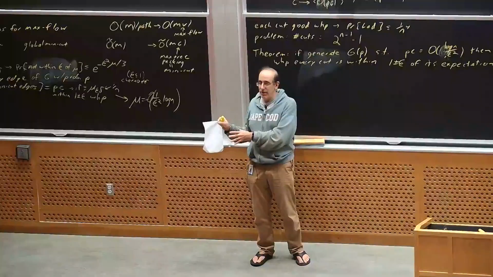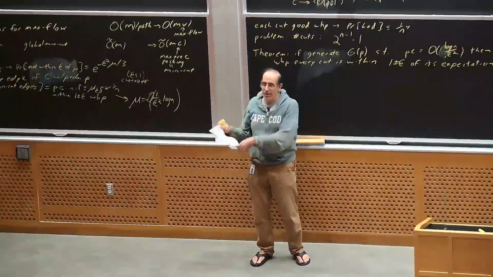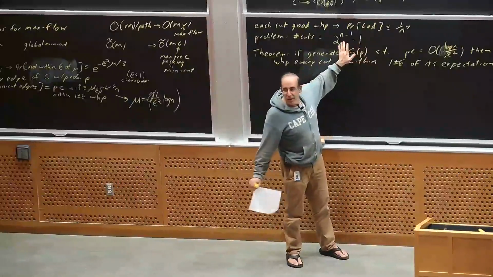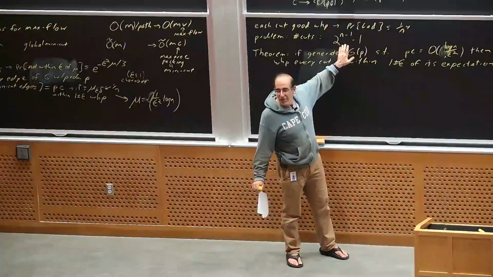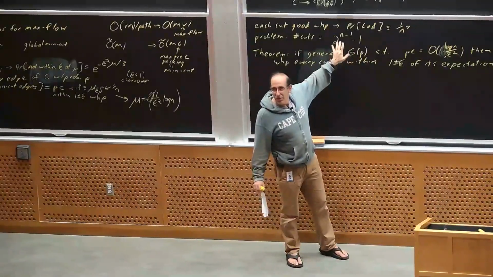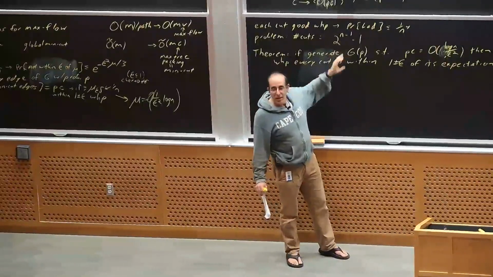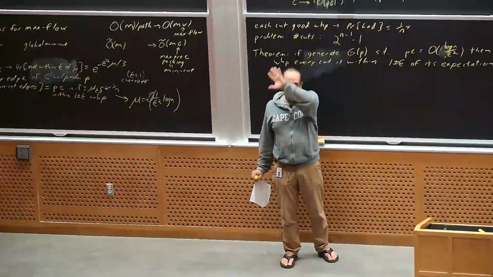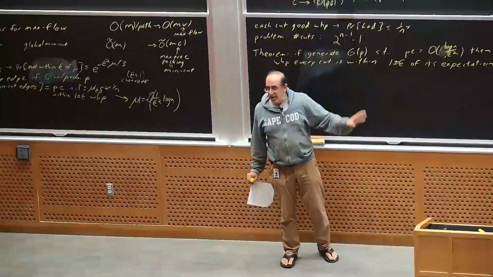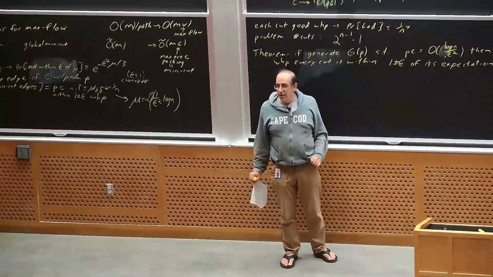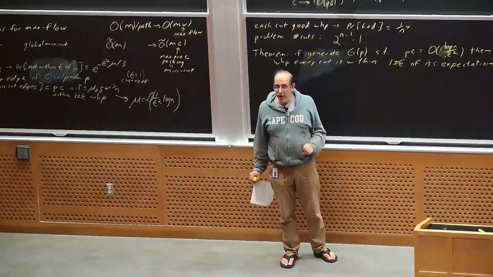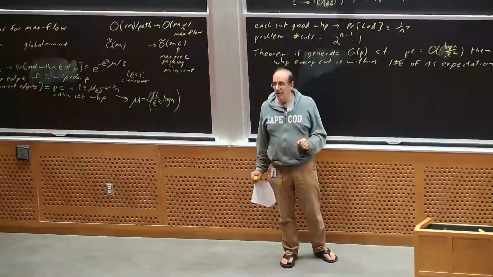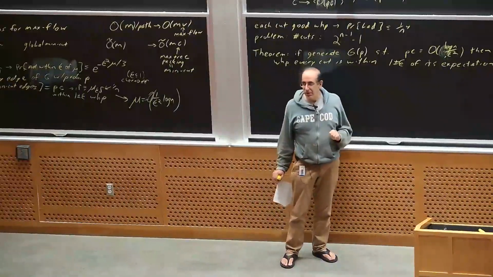Because you might put some stuff on the right and some stuff on the left, or you might flip it and put the left stuff on the right and the right stuff on the left. So you have to divide by 2 the counting that you do. Or another way to look at it is to say, I'm going to fix vertex 1 as being on the left side. And now I'm going to assign a left or a right side to the other n minus 1 vertices. Okay, so that gives me the 2 to the n minus 1. But this includes one forbidden partition, which is the partition that puts everything on the left side. So that's why you subtract 1.